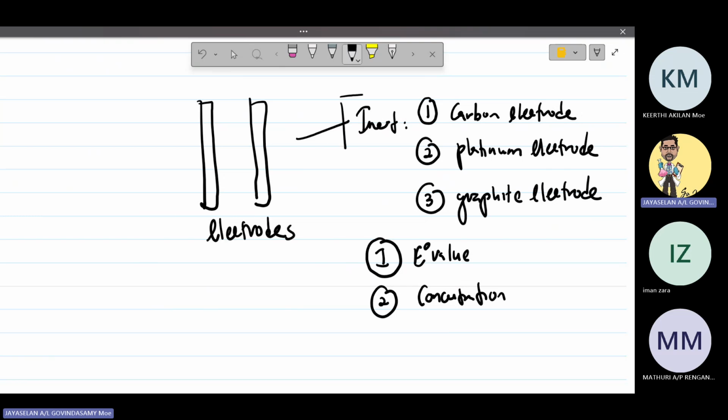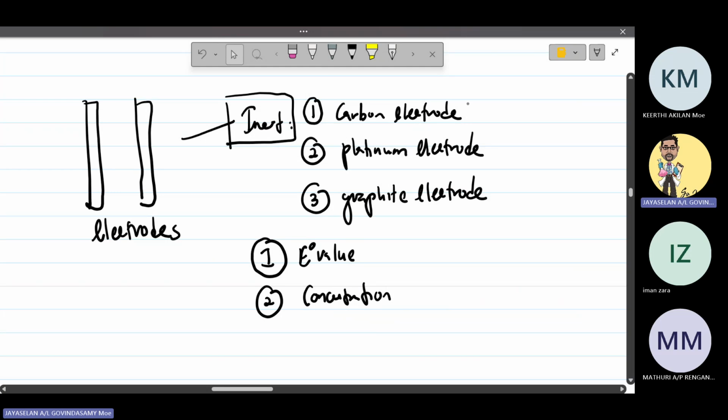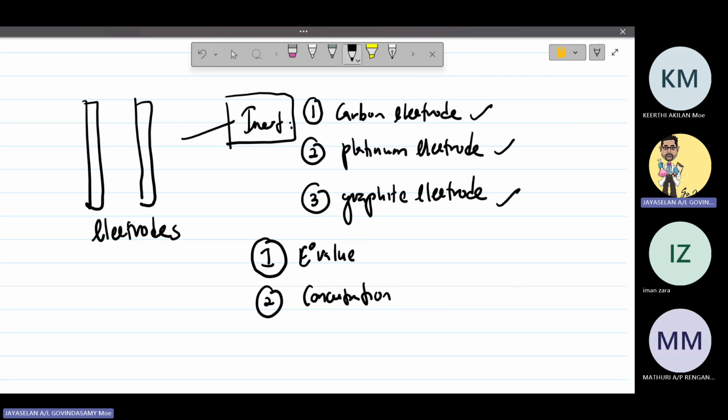Okay, dalam exam, dia akan tanya, which of the following are inert electrode? Bila dia tanya inert electrode, please remember carbon, platinum, graphite. Okay, tiga ni adalah inert. Okay, salinkan benda ni.